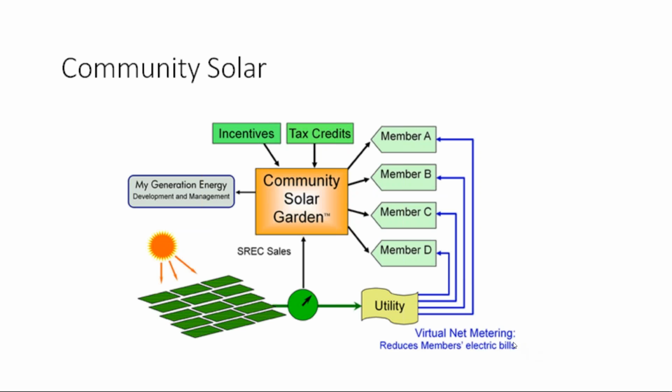So in a utility program, they have this golden Rolodex because they already have all their customers paying their electric bills. So they can go and set up their own community solar program, and customers can buy into the program and they can credit the customer's bill directly.